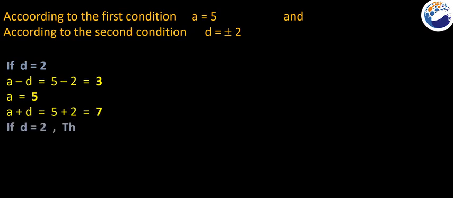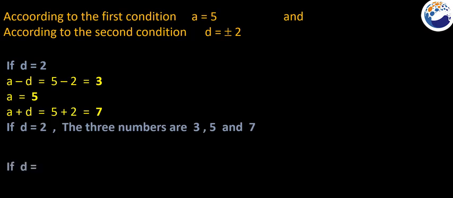So the three numbers are 3, 5 and 7. Now if d is equal to minus 2, then a minus d is equal to 5 minus (minus 2) is equal to 7, a is equal to 5, a plus d is equal to 5 plus (minus 2) is equal to 3. So the three numbers are 7, 5 and 3.